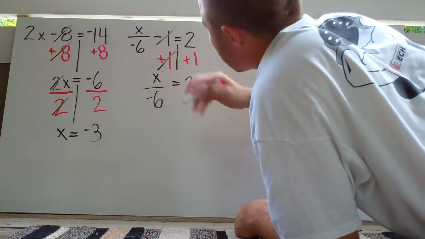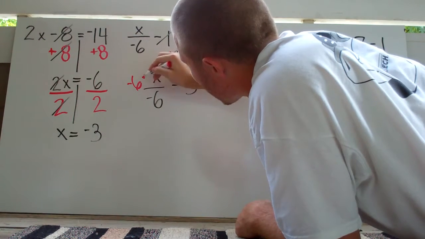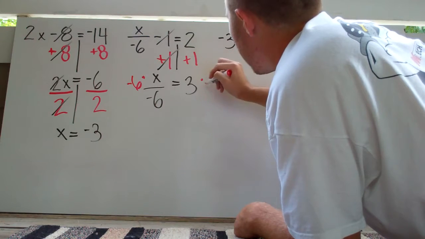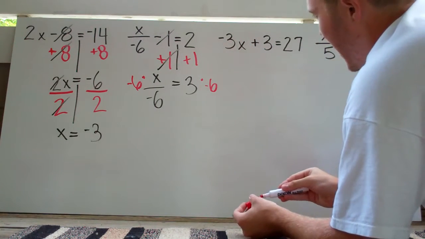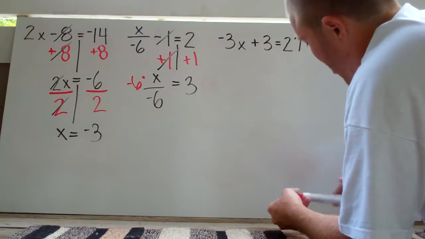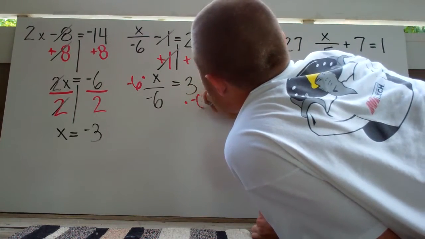So, you know what, I can just put this over here. I'm going to do negative 6 times, and then this is times negative 6. And you know what, because I don't want this to overlap with that next problem, I'm going to do times negative 6 underneath it right here.